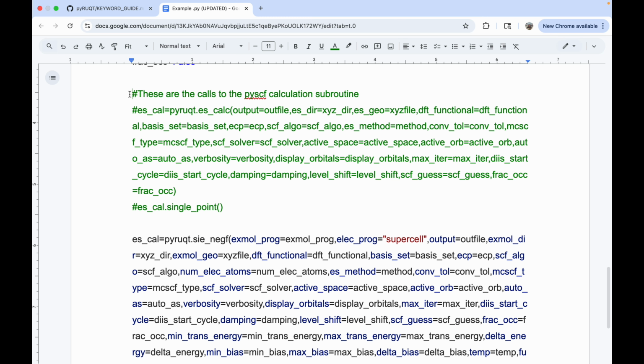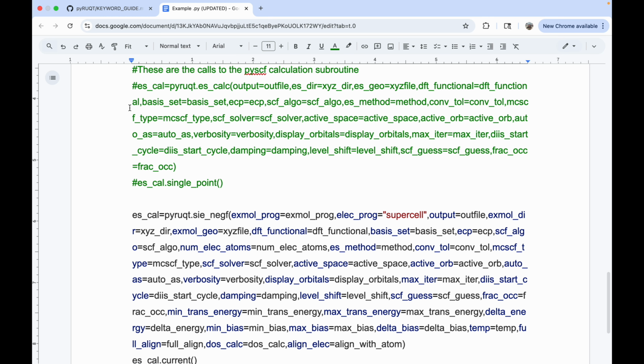This first one is the PySCF subroutine. As you can see here, it's asking for the out file, the XYZ. We can go through it: it's asking for verbosity, display orbitals, DIIS start cycle, etc. Those are the things that we talked about, right?